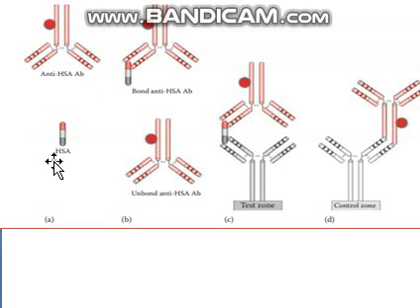In the previous test you used the antigen FDP; here you are using the antigen HSA. Likewise, the monoclonal antibody used is against this particular antigen. There is no need to repeat the principle again; the rest remains the same, only the antigen and antibodies have changed.